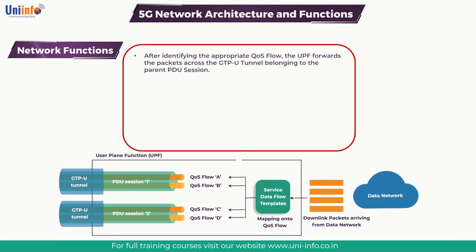After identifying the appropriate QoS flow, the UPF forwards the packet across the GTP-U tunnel belonging to the parent PDU session. There is one GTP-U tunnel per PDU session rather than one GTP-U tunnel per QoS flow. The UPF marks the GTP-U header to indicate the QoS flow associated with each packet. That is, the QoS flow identity, QFI, is included within the GTP-U header.